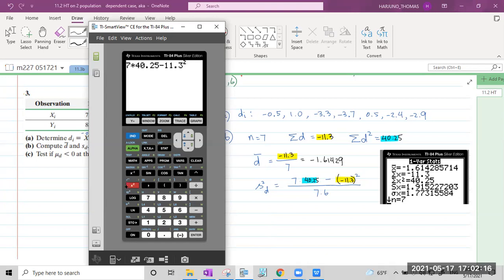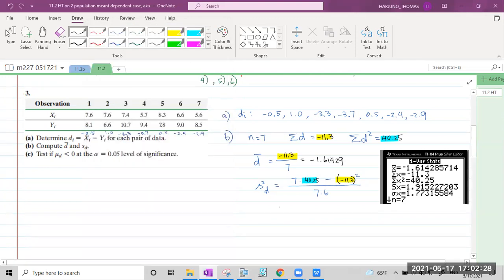Even though that's negative, when we square it becomes positive anyway. That will give us the number on the numerator divided by 42, the number on the denominator. That's 3.66810.